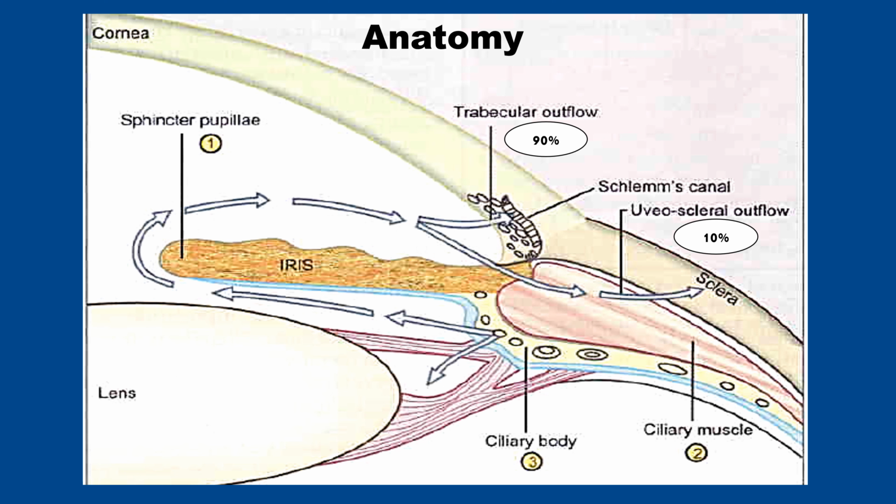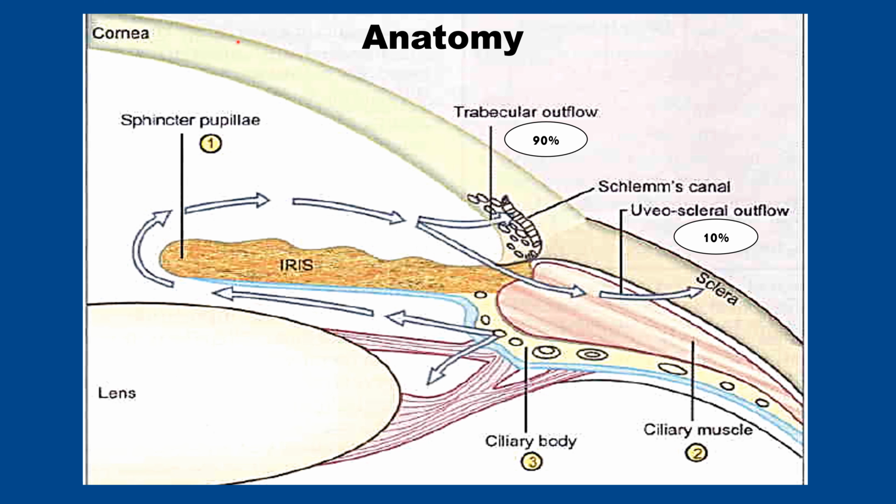Anatomy of the eye. Before starting with the pharmacotherapy of glaucoma, we'll discuss briefly the anatomy of the eye. The parts of the eye involved in glaucoma include the cornea.